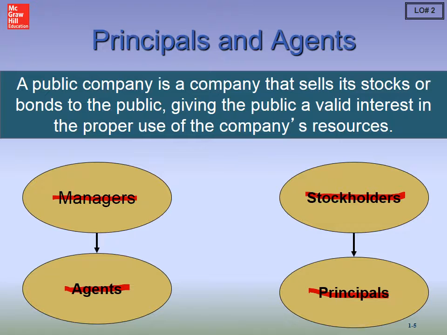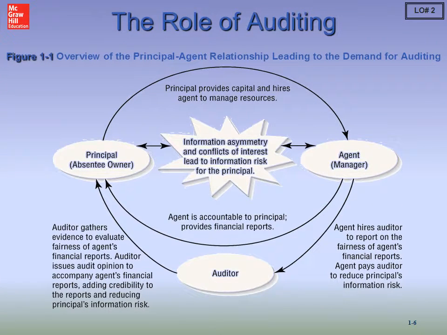That's the agent. The principal is the player, Cuba Gooding Jr., whatever that player's name was in that movie. That relationship exists between the managers and the stockholders, and the stockholders are really the owners. Of course, in public companies, we have a huge separation between the ownership of the company and the management of the company.